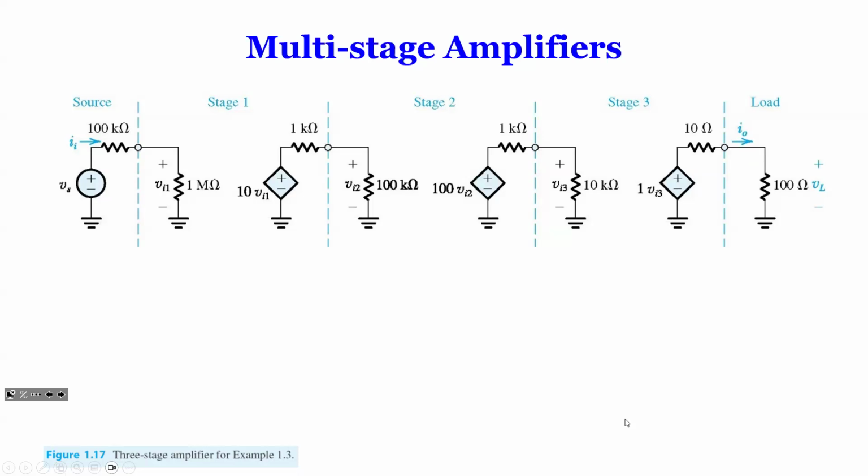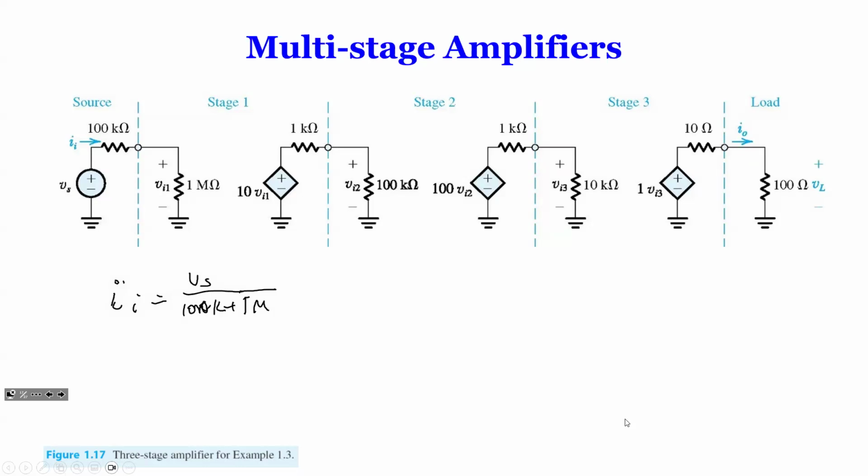So if you want to solve this problem, it's already marked here. So basically, there's not much to mark. Maybe I can write down I equal to Vs over 100K plus 1 meg, right?